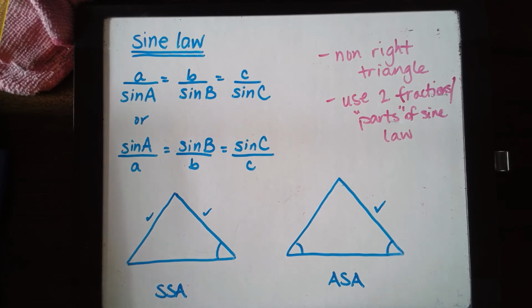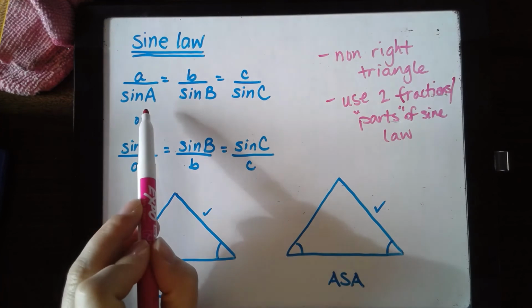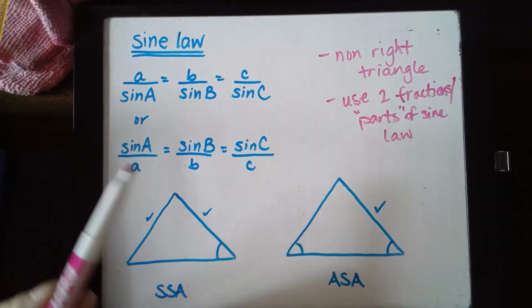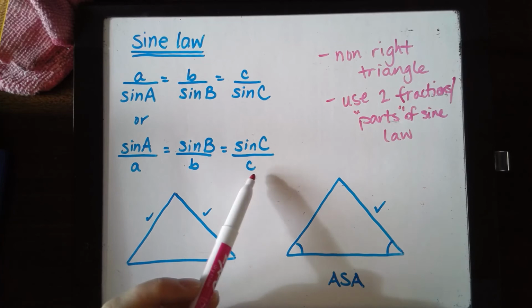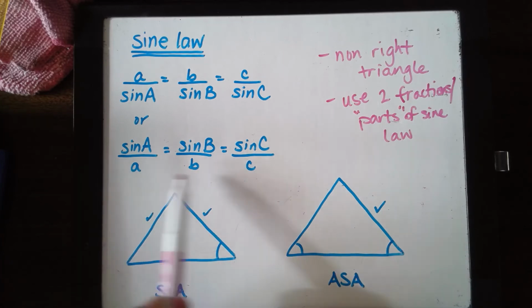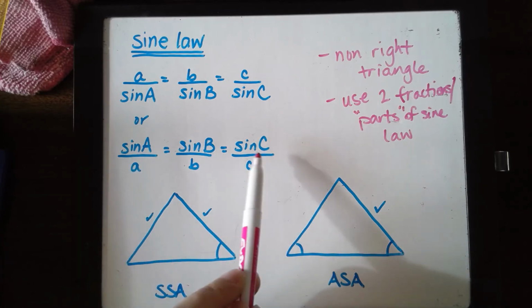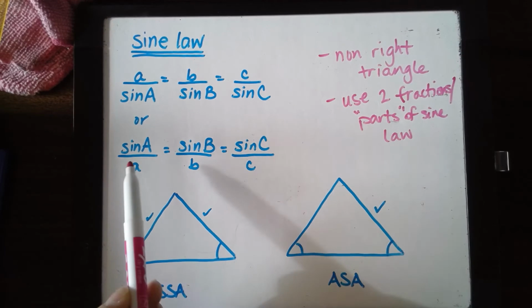It comes in two forms. We can always take that ratio that we get from dividing side lengths by angles, and if we flip it, if we get the reciprocal of it, then we can work with it this way also, where the side lengths are at the bottom and our known angles are at the top.